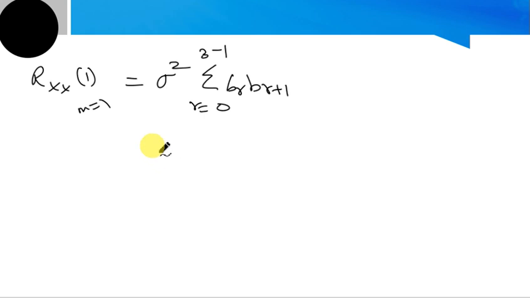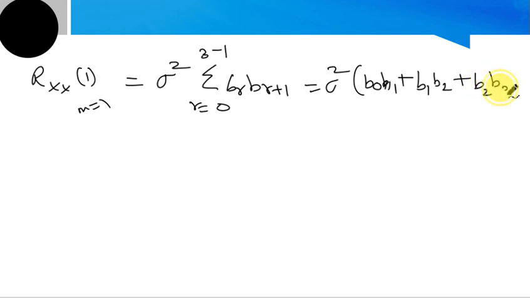When I have to find Rxx of 1, I will have sigma squared r equal to 0 to 3 minus 1, that is 2, into br into br plus 1, because m equal to 1. Okay, so this will give me sigma squared, and then I will have b naught b1 plus b1 b2 plus b2 b3.